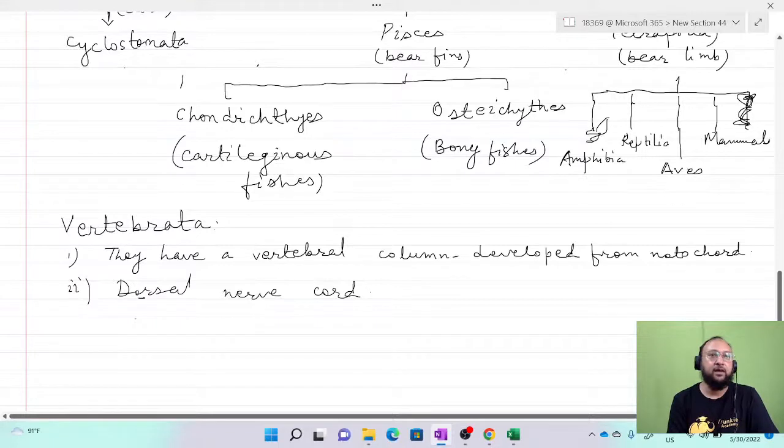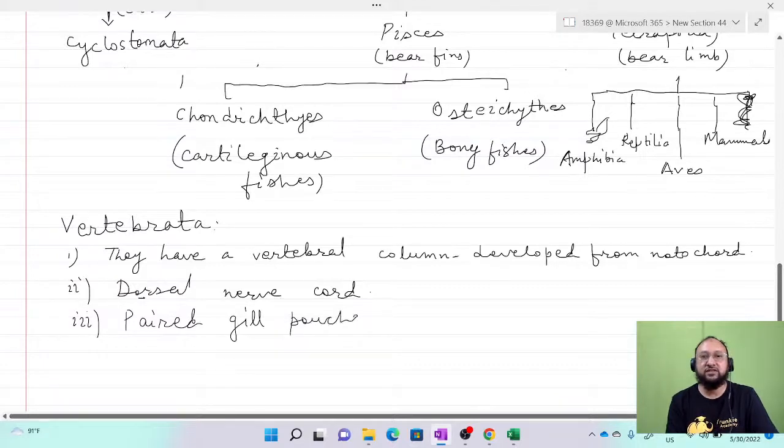Then paired gill pouches or gill slits. These are not present in the adult stage; gill pouches are present in the embryonic stage of the vertebrates.